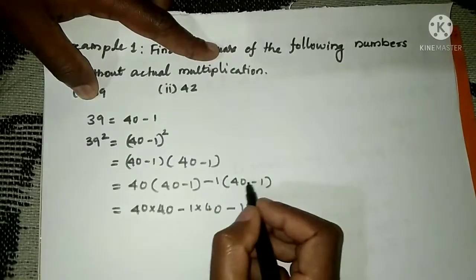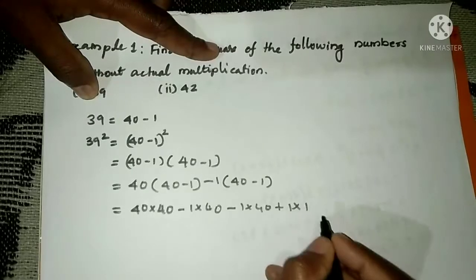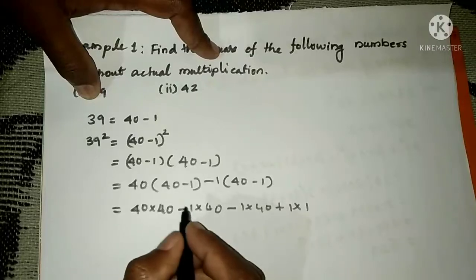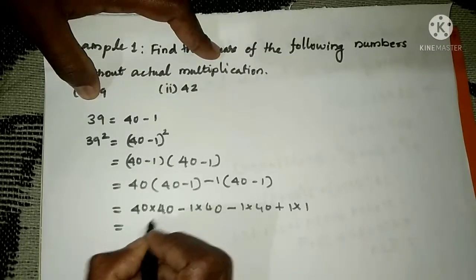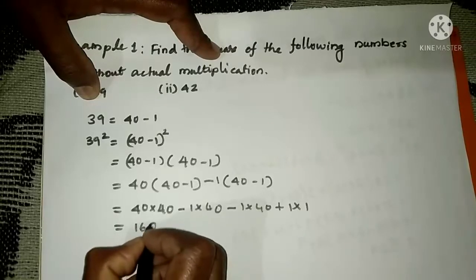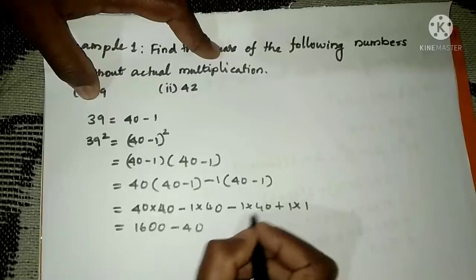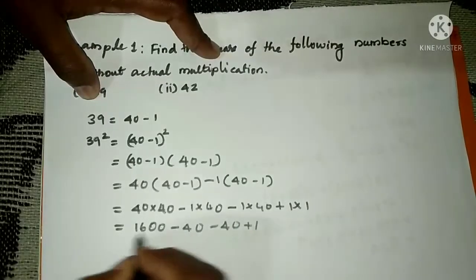So here negative into negative, positive, 1 times 1. So we have 40 times 40, this 4 times 4 is 16, 2 zeros we can have here, the same answer here, negative 40, and plus 1.